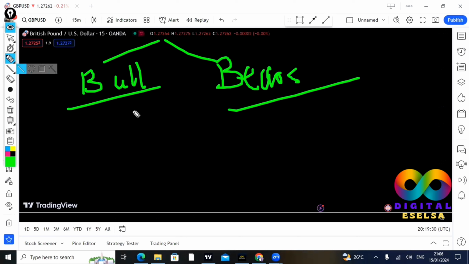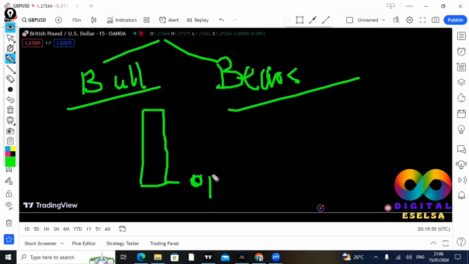The bulls, the buyers, push the market up. For the market to go up, it means that the open price has to be below, and then the market will go up and close above. That is why for a bullish candle, you see that the open price is below.